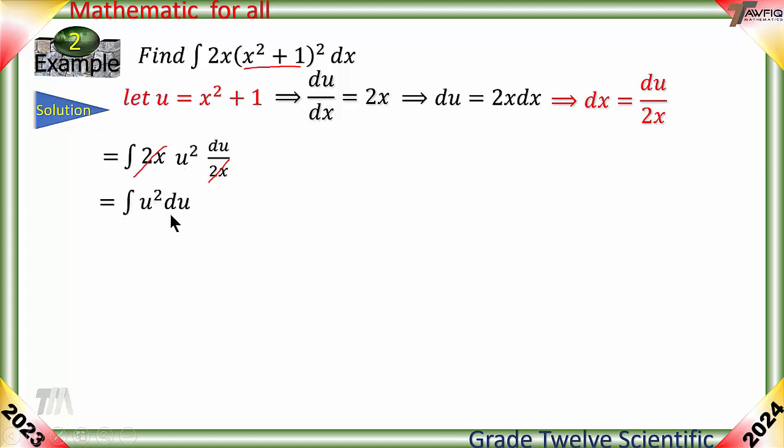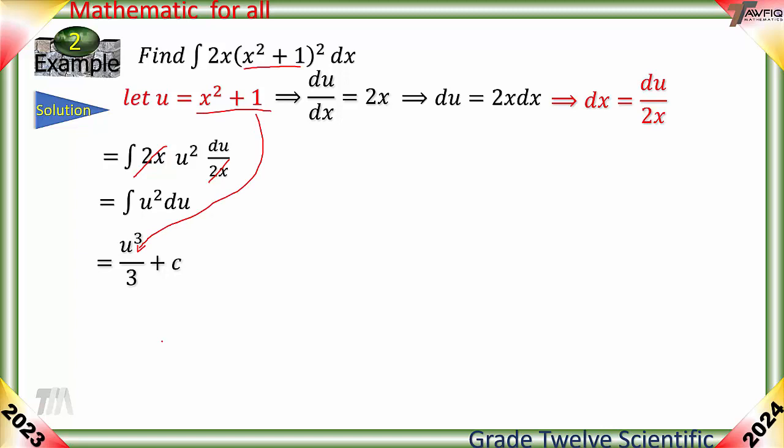Integration of u squared du. It is easy to take the integration of this function. It becomes u to the power 3 divided by 3 plus c. And now substitute x squared plus 1 in place of u.